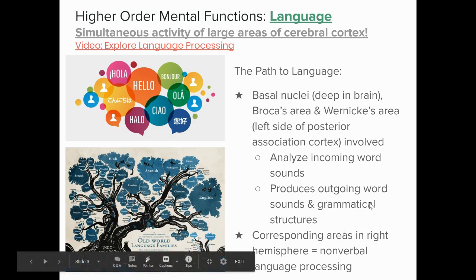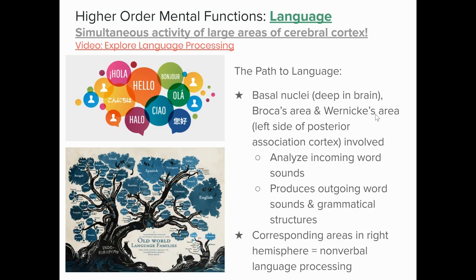Language also involves corresponding areas of the right hemisphere. That's your nonverbal language processing. So both analyzing word sounds and nonverbal language processing help us speak, communicate, and interpret different languages.